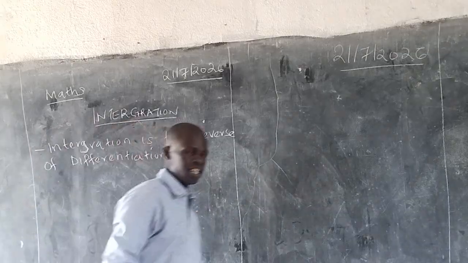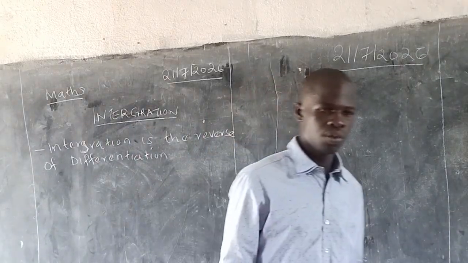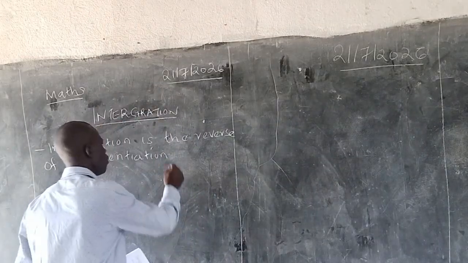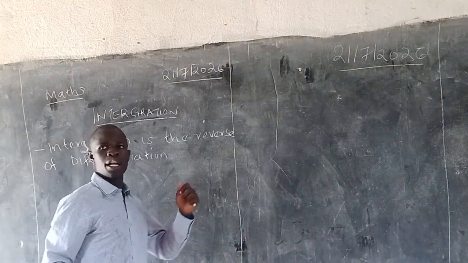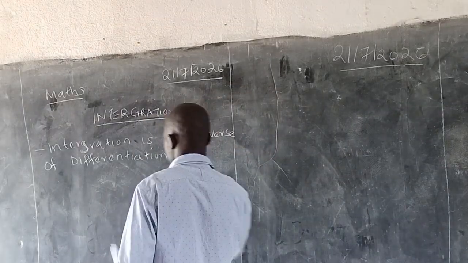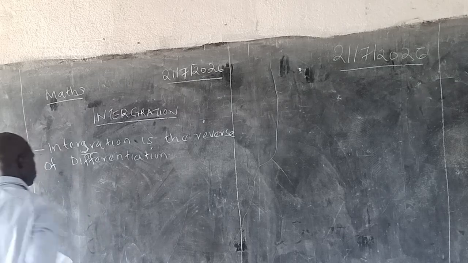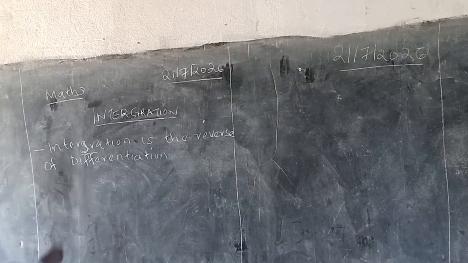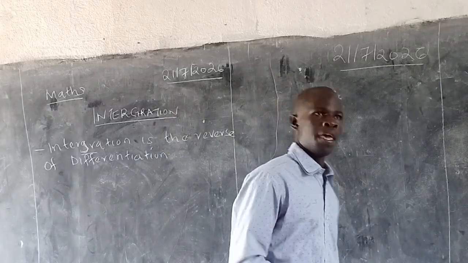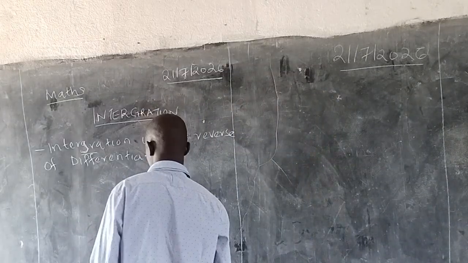And what do we say about differentiation? We say differentiation is the process of obtaining a derivative function or a gradient function from any given equation or curve. Now, what about integration? When we are given the derivative function, we obtain what we call the equation or the curve.